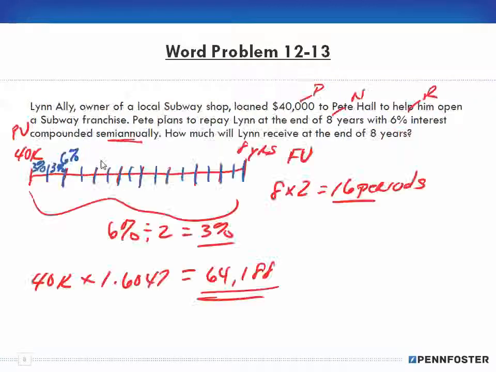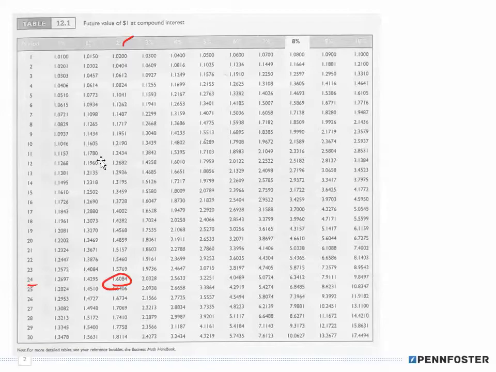So when I go up to the future value chart and look for the 1.5% column and 16 periods, I have the factor of 1.2690.